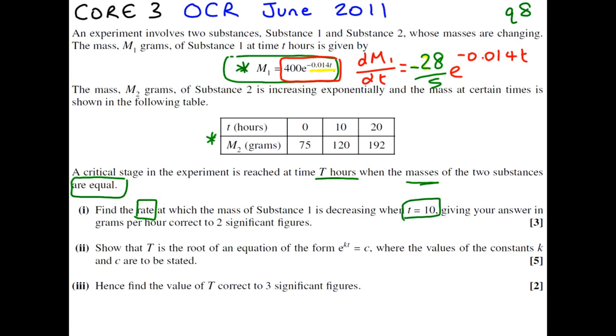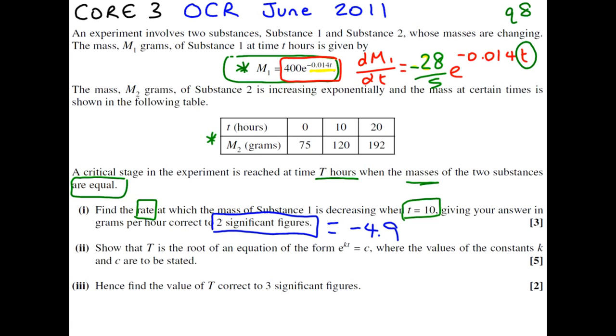So when t is 10, we're going to put the number 10 into this expression. So on your calculator, you can type in minus 28 over 5 times by e to the power of minus 0.014 times 10. So that is minus 4.9 grams per hour.